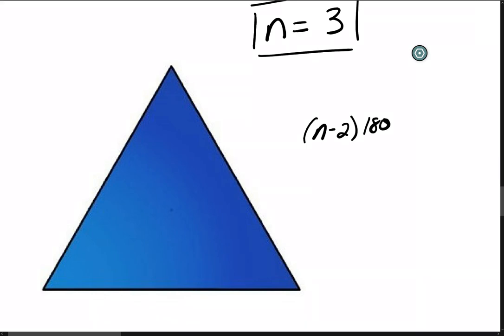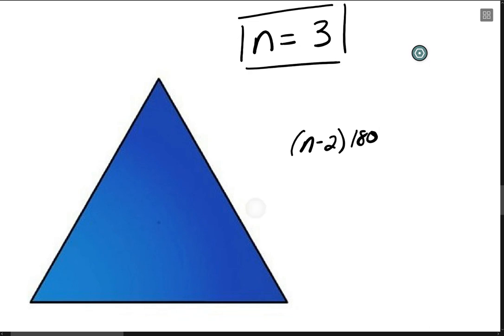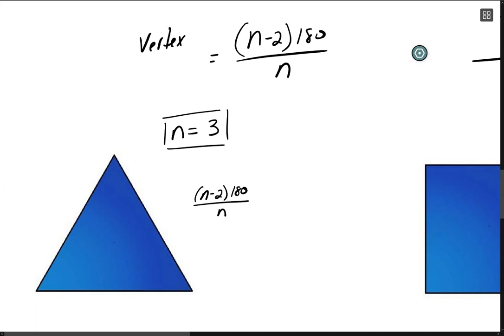But since they're all the same, how many angles are there when n is 3? 3, right? So you divide that by what? By n, yes. This is our formula for the vertex angle of a regular polygon.